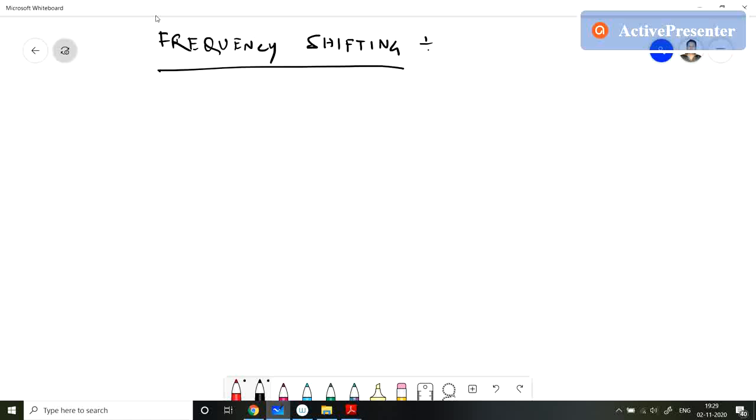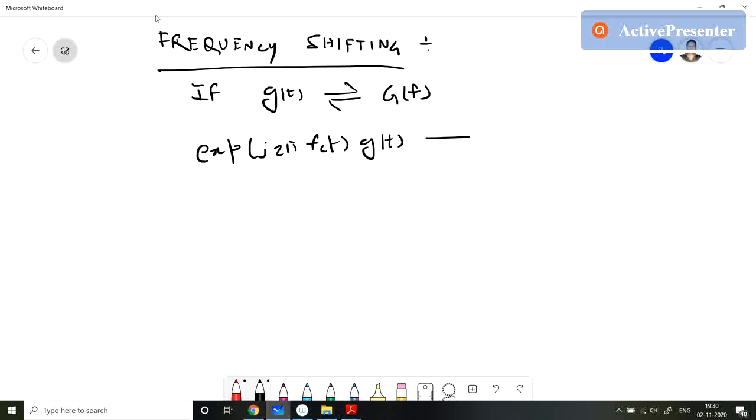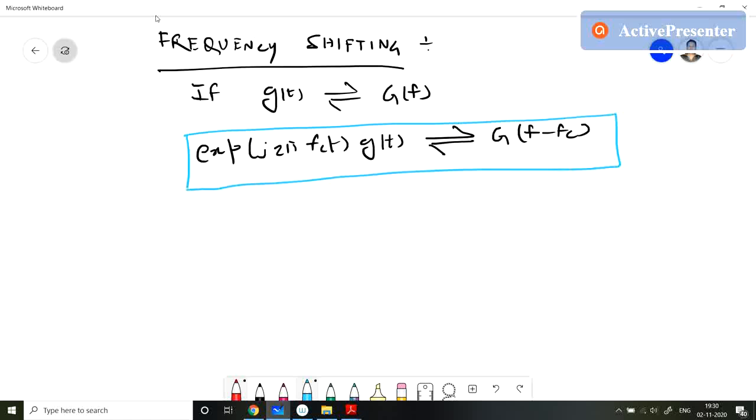According to this property, if g(t) has the Fourier transform G(f), and we multiply g(t) with exponential j 2 pi f c t, then the Fourier transform is equal to G(f minus f c), where f c is a real constant frequency.